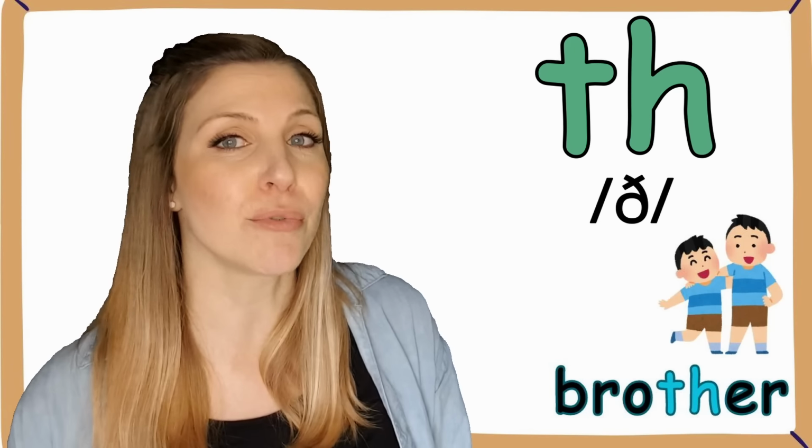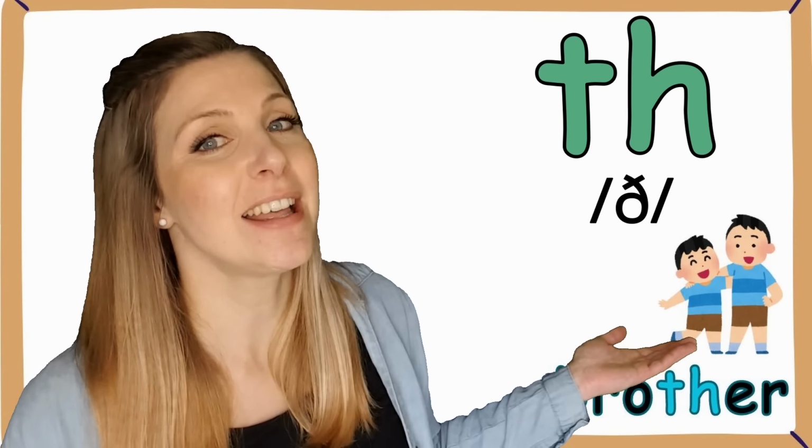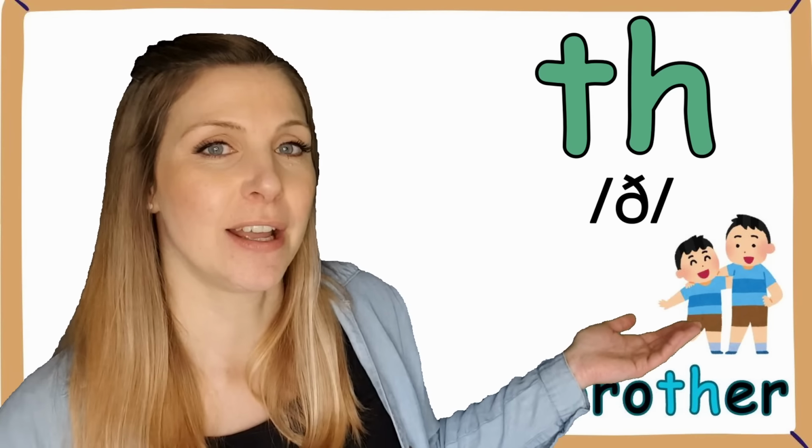And there is also another version of this digraph, and that makes a harder sound, like th. For example, in the word brother, you've got the TH and it makes the th sound.